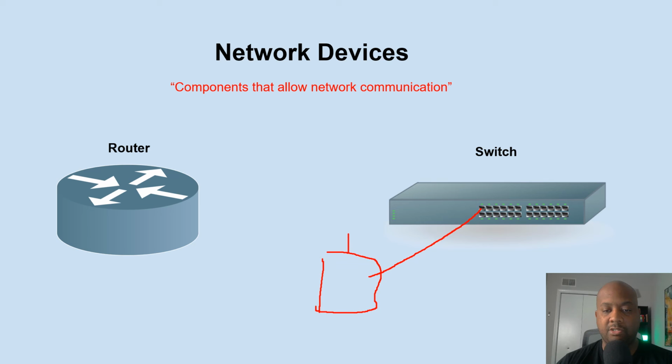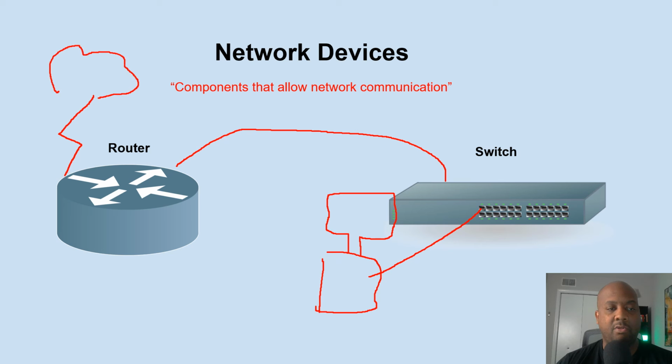Let's say this is just your computer, and you're connected by a physical cable, right? And then that switch might be connected to the router, and then the router is connected to the internet. And so these are all physical connections that allow you to connect together, but these devices have different functions. And so in some of my later videos, I'll actually break down what a router does, what a switch does, what their function is in the network.